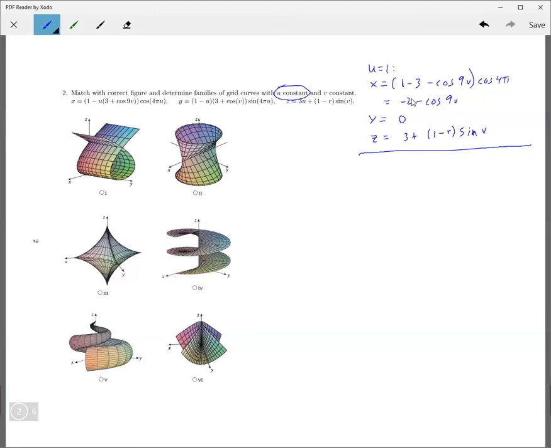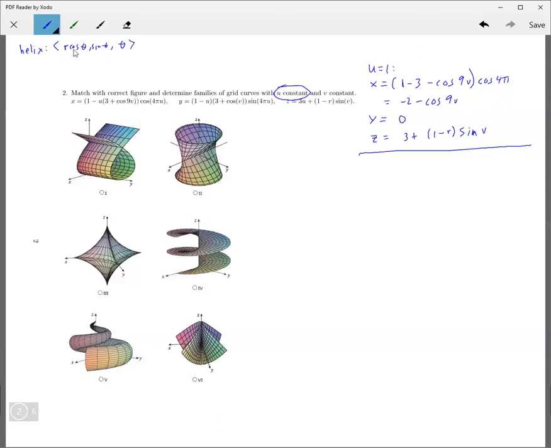Okay, this is not a helix. Just so you know, a helix would be where you have something like r cosine theta, r sine theta, and then theta.